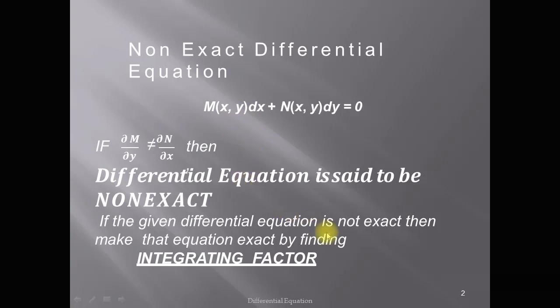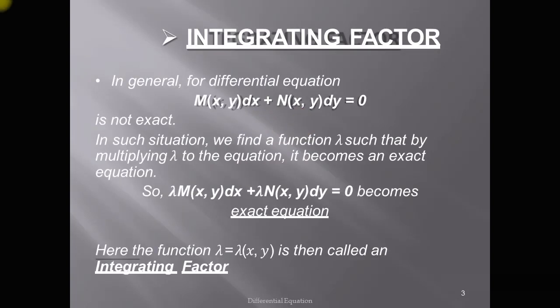If the differential equation is not exact, then make that equation exact by finding an integrating factor. For the non-exact differential equation, first of all we will find an integrating factor, and then we multiply the integrating factor with the given differential equation, and after multiplying, the equation becomes an exact differential equation.